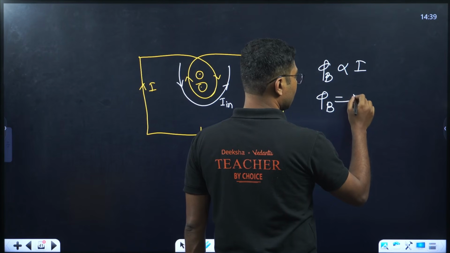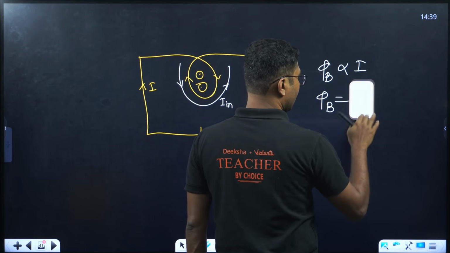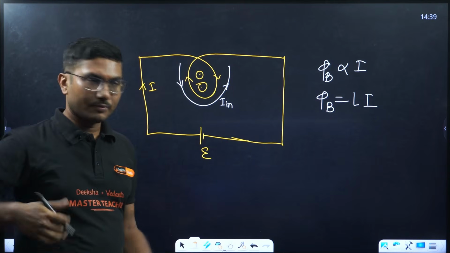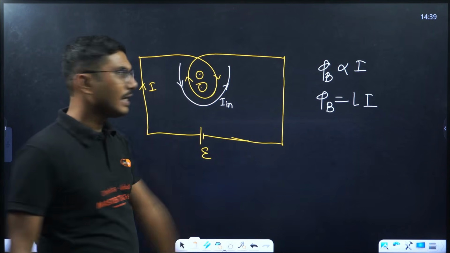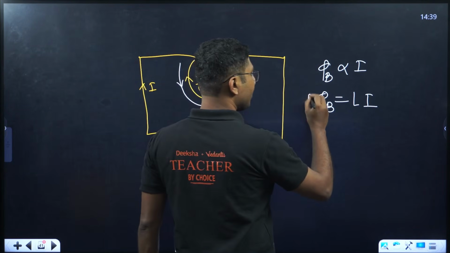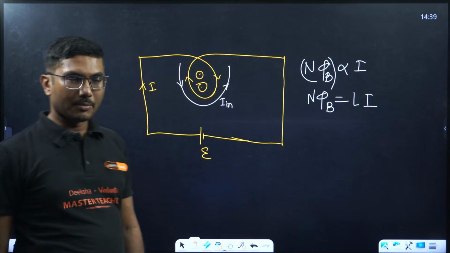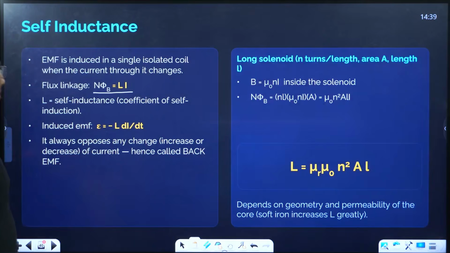For one single coil it is L into I. If there are N number of turns, you need to multiply by the number of turns as well.